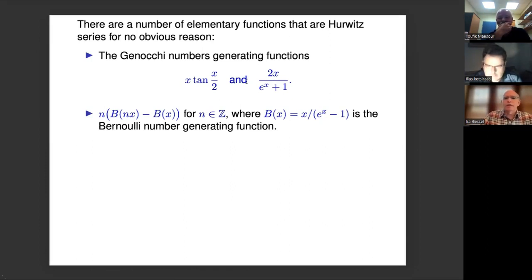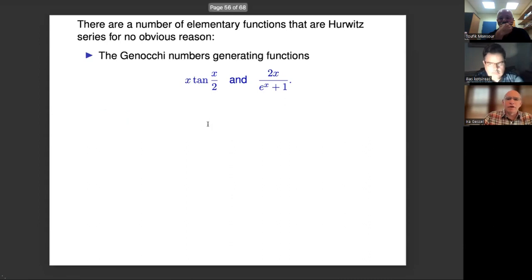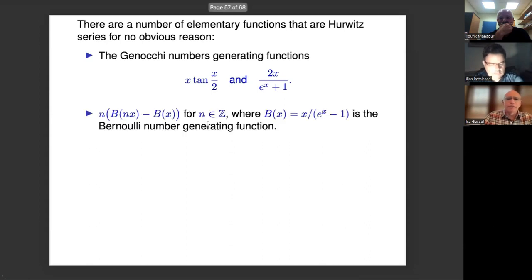Most of these examples are actually related to the Bernoulli number generating function in some way. The Genocchi numbers are related to the Bernoulli numbers. If we let B(x) be the Bernoulli number generating function, then this fairly simple thing, n times B(nx) minus B(x), has integer coefficients. This is a consequence of the von Staudt theorem for Bernoulli numbers.